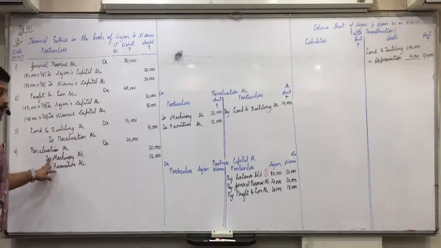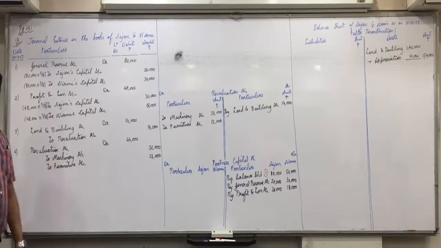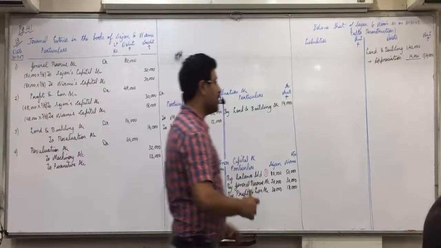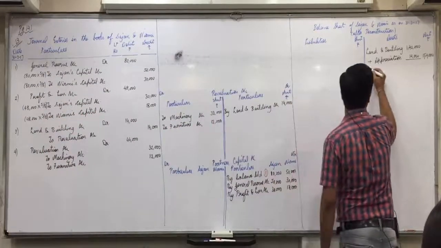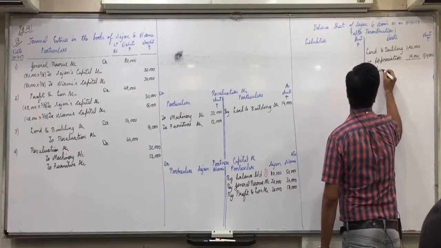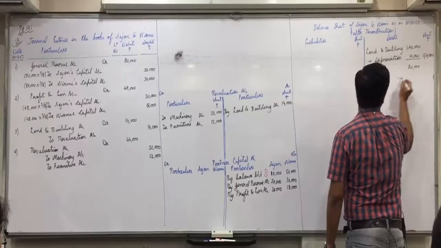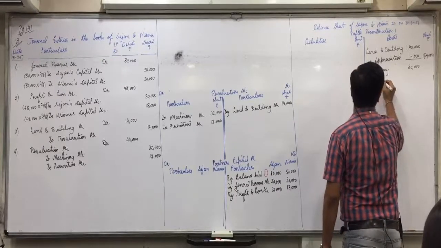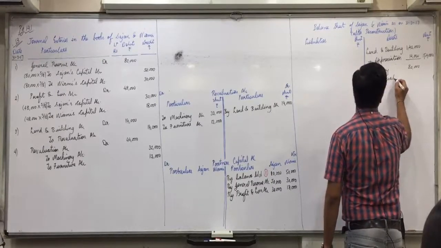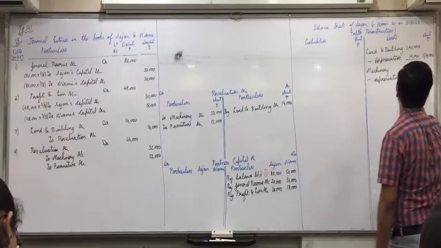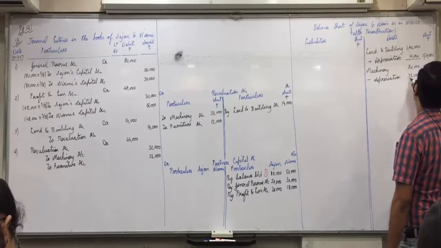Okay. Now machinery and furniture are assets. They have a debit balance, but we credit. Debit, credit, minus. Put a tick on machinery and put a tick on furniture. Machinery 80,000 minus depreciation 40%, that is 32,000. 48,000.